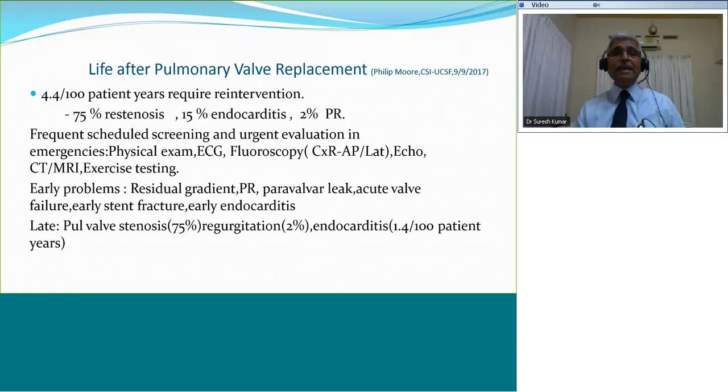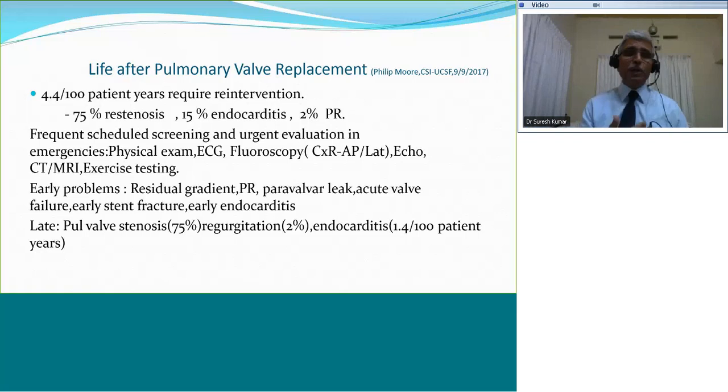You, of course, would do a physical exam, ECG, and echo probably on every visit. Maybe once in 6 months or once in a year, you will need a fluoroscopy. When there is a problem identified, you will need a CT or MRI. Definitely a year later, it is better to do a CT or MRI. And an exercise testing is part of evaluating the patient.